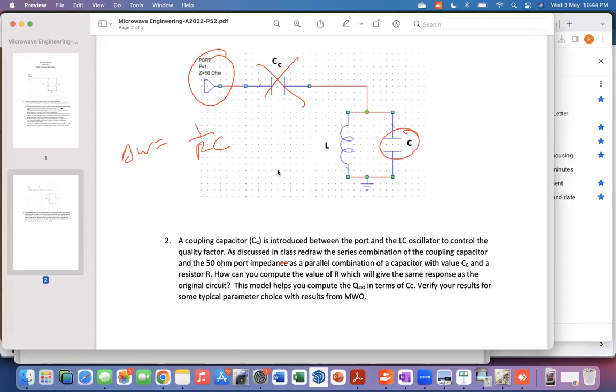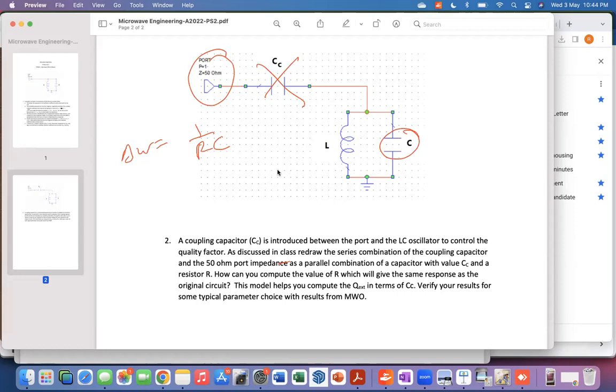So if you want to change the width, you don't have control over R because the 50 ohm is the standard. The only thing you can do is to change the C. And here it looks like the sharper you have to make it, the larger the C has to be. And then correspondingly, you have to change the L if you are keeping the frequency constant.